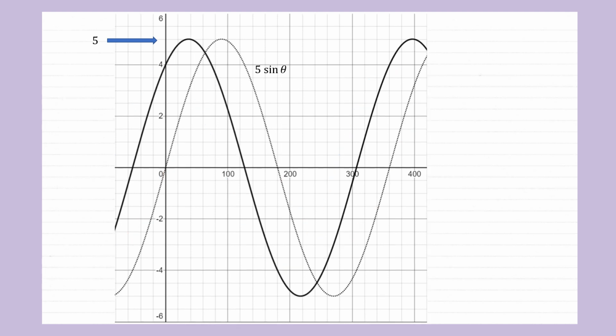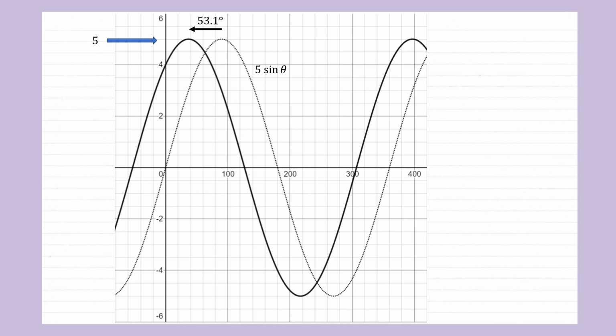And if I was to draw the graph of 5 sine theta, it would be the same shape as the black curve, but it would be displaced. The black curve has in fact been displaced from the 0 position. It's been displaced backwards 53.1 degrees.